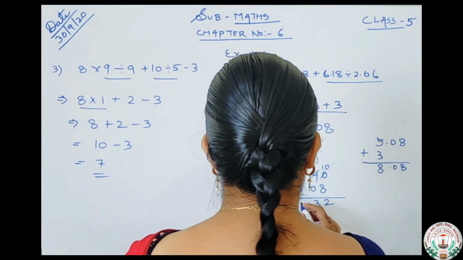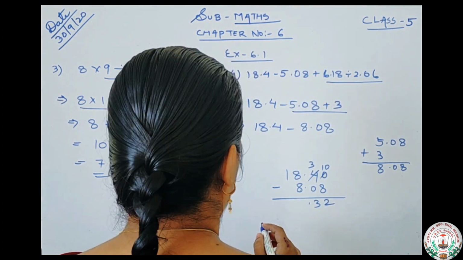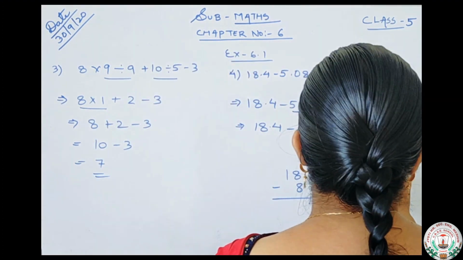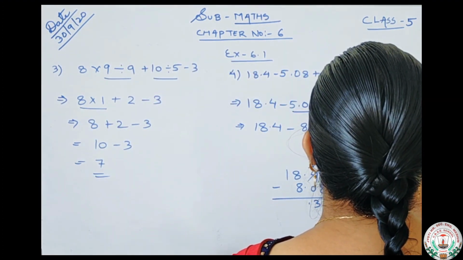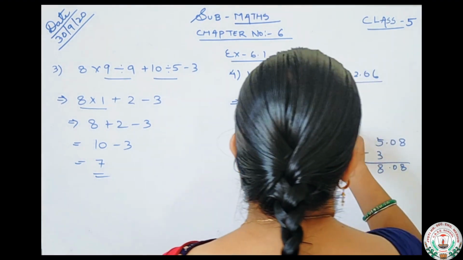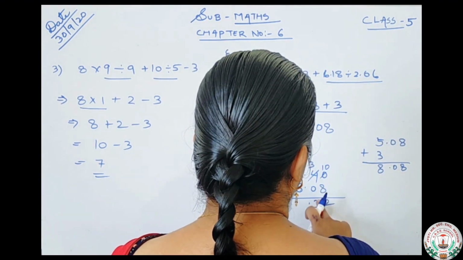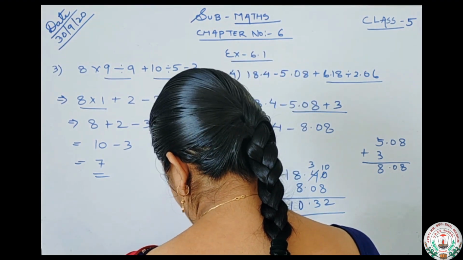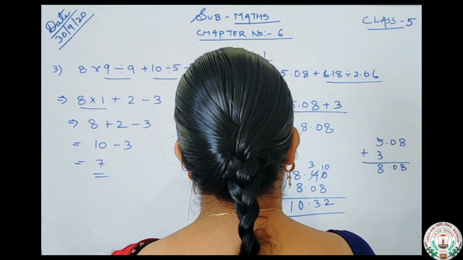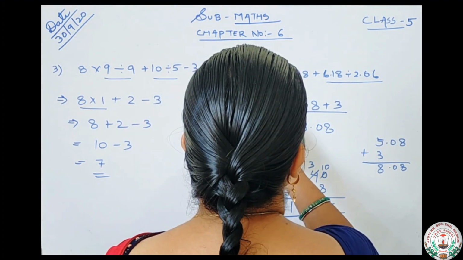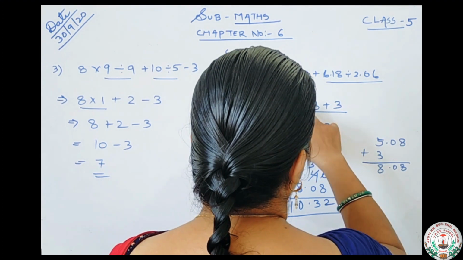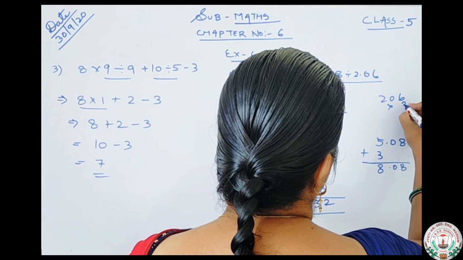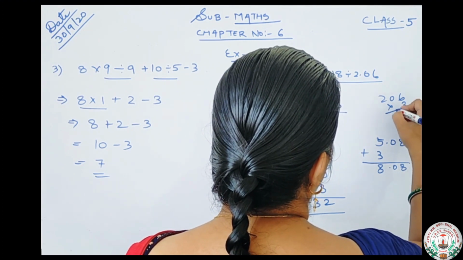Here you will add. When you will divide, you will get 3. Okay, so 18 minus 8 is 10. So what you will get, 18.4 minus 5.08 plus, when you will divide, you will get 3, 6, 18, 1, 3, 2, 6.